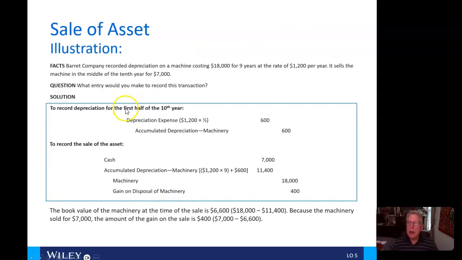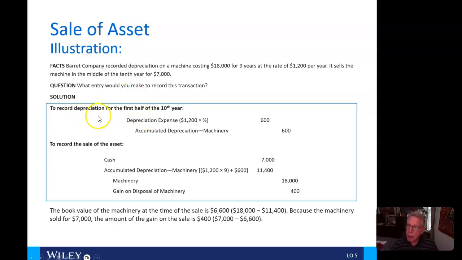So here, the Barrett Company recorded depreciation on a machine costing $18,000 for 9 years at a rate of $1,200 per year. It sells the machine in the middle of the 10th year for $7,000. What entry would you make to record this transaction?